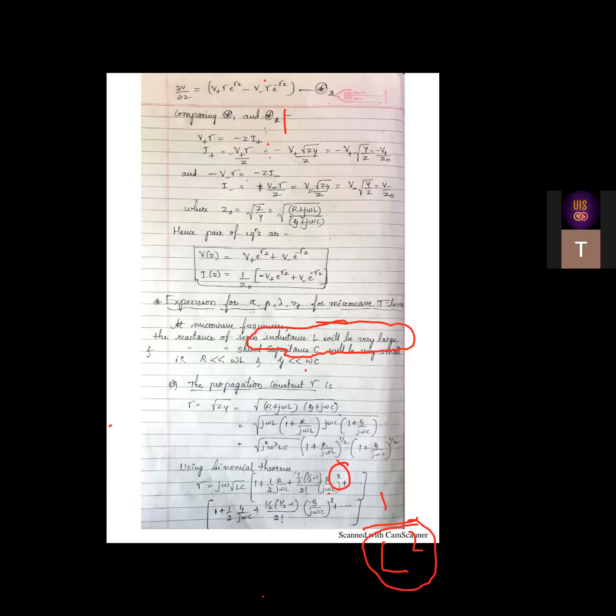Even in the second bracket, consider only the first two terms, because the remaining terms are negligible compared to them.